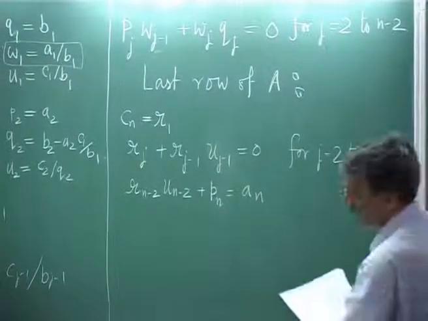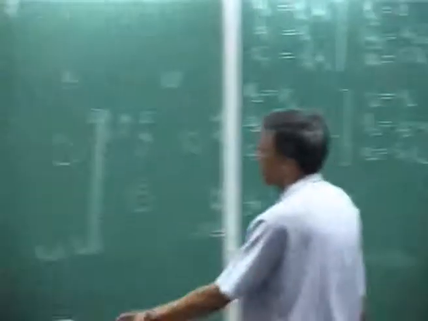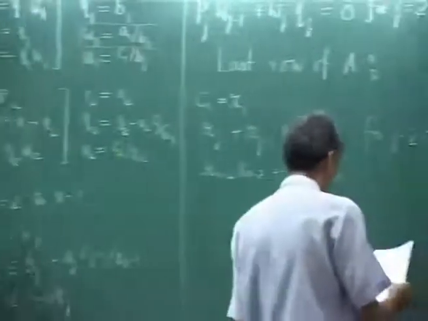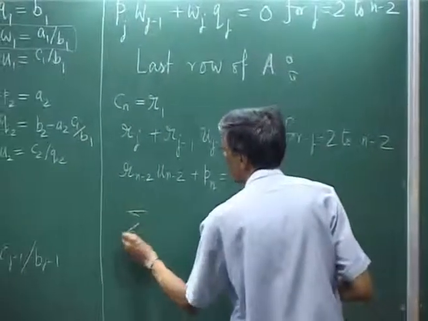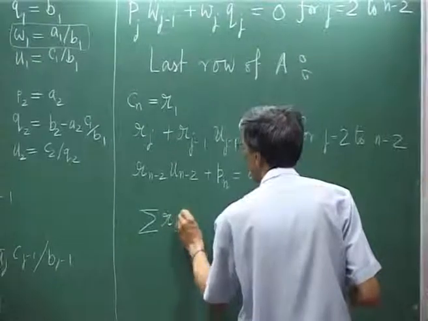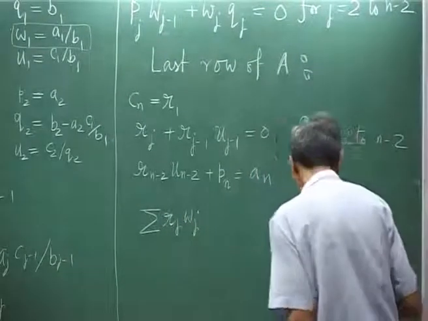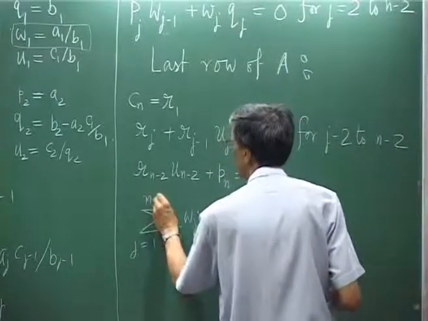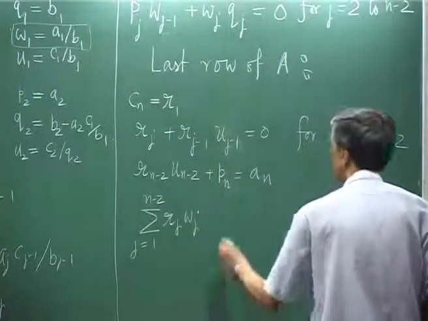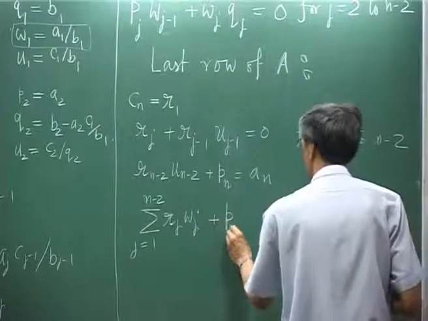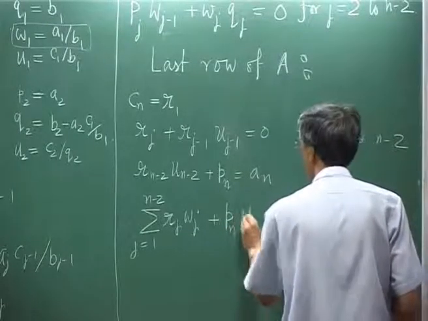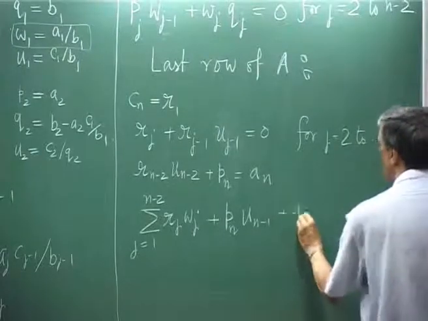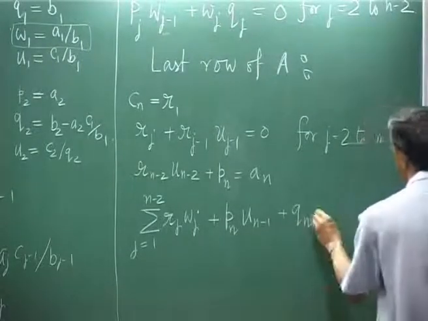And what about this one? This is the most cumbersome. This multiplied by this will give you nothing but the sum over R j, W j, where j goes from 1 to n minus 2, and P n U n minus 1 plus Q n is equal to B n.